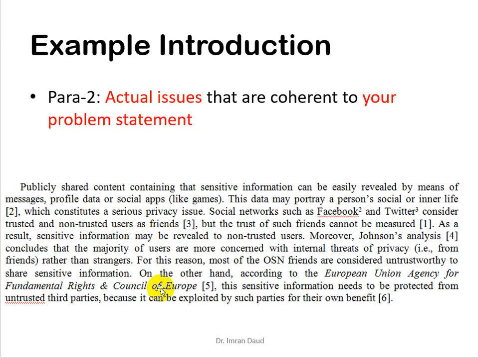It's that agency, or a legislative body, or you can also refer to specific laws from the body, which claim that you must protect your sensitive information and must not reveal it. So in that whole paragraph, you have talked about the actual issues in the highlighted problem.